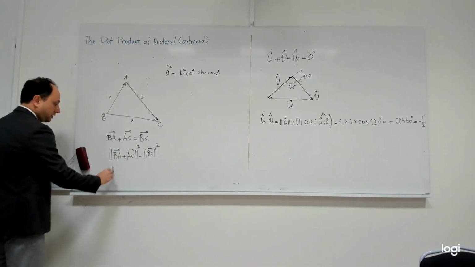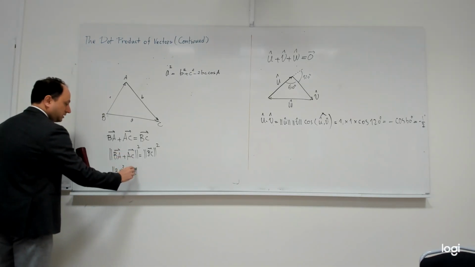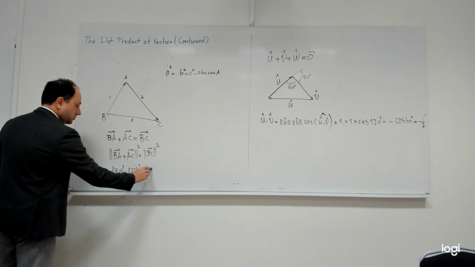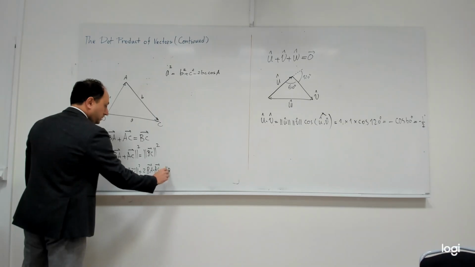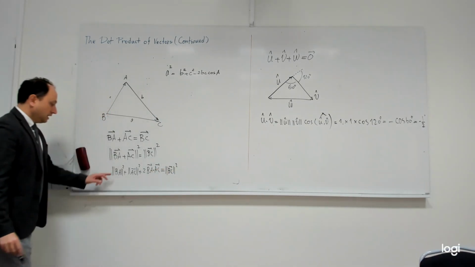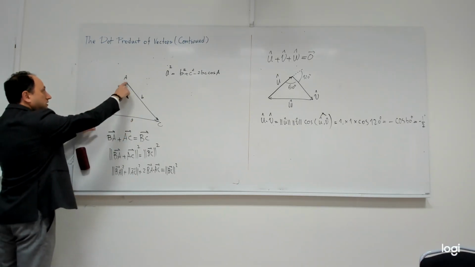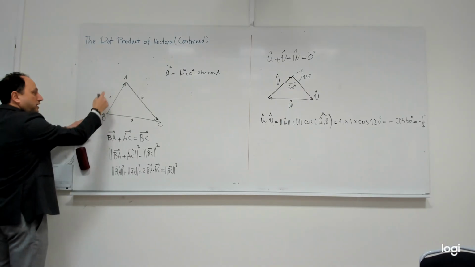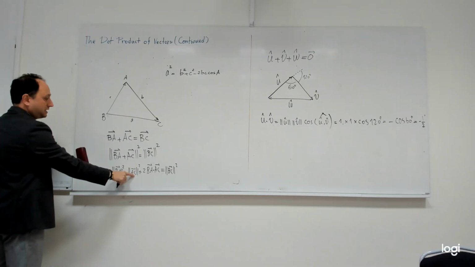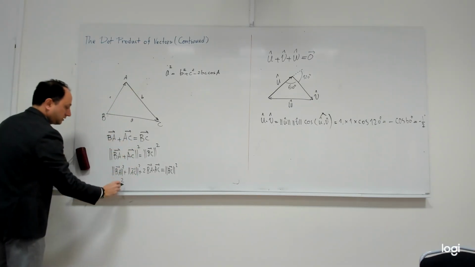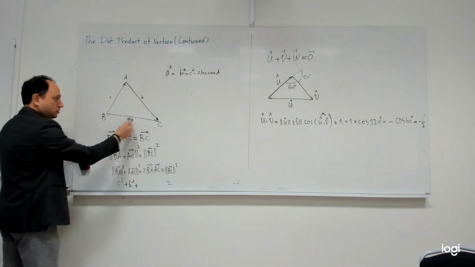The norm of the first one squared plus the norm of the second one squared plus 2 times the first one dot the second one, and this equals the norm of BC squared, yes? What is the norm of BA? BA is this vector. I showed the length by C, so instead of this I can write C squared. The length of AC squared is B squared, plus, on the right hand side, the norm of BC squared is A squared.